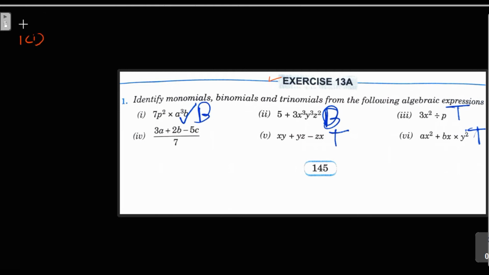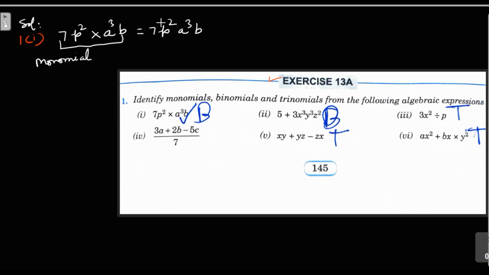Solution part first. The expression is 7p square multiplied a cube b. Here this expression has multiplication, that means after multiplication this whole expression would be combined, so this would become 7p square a cube b, which is a monomial.